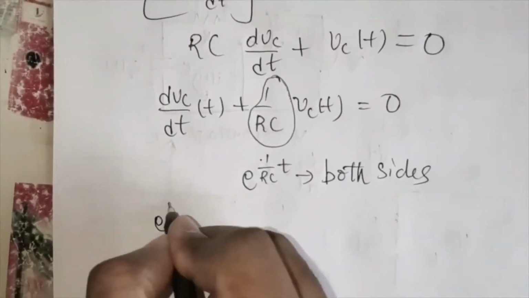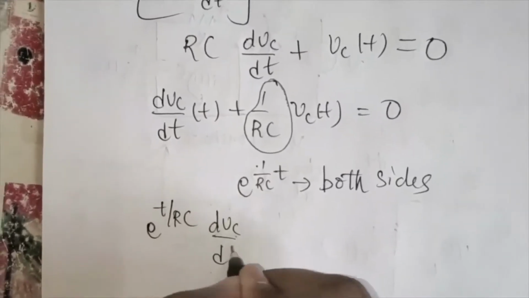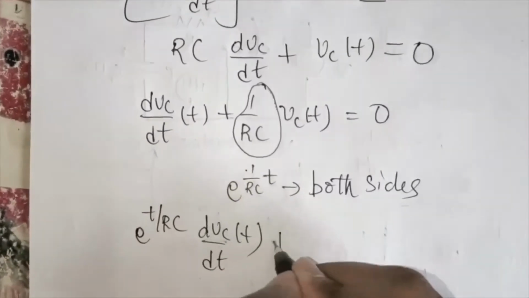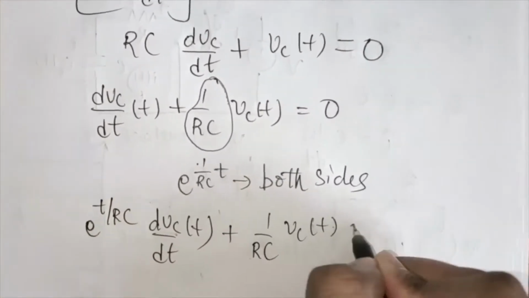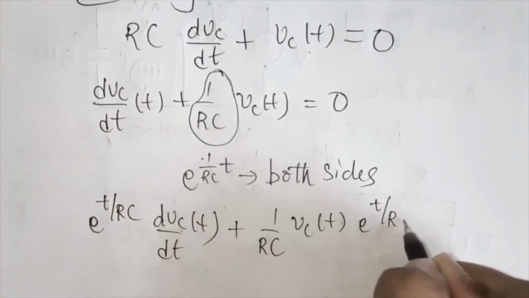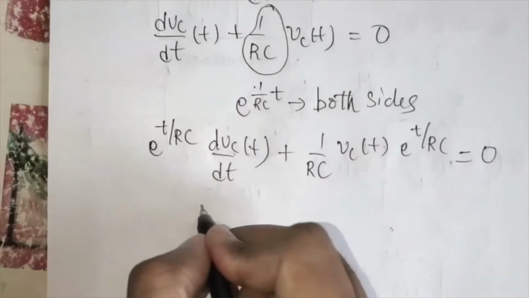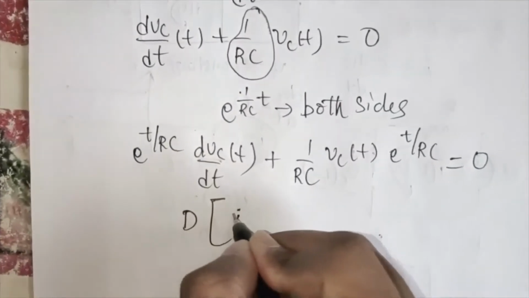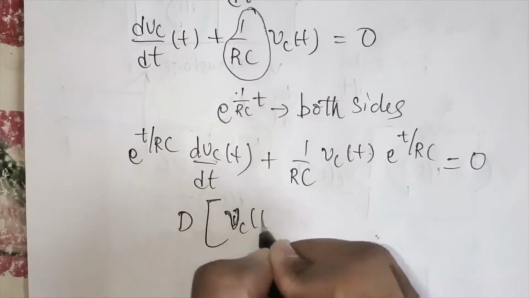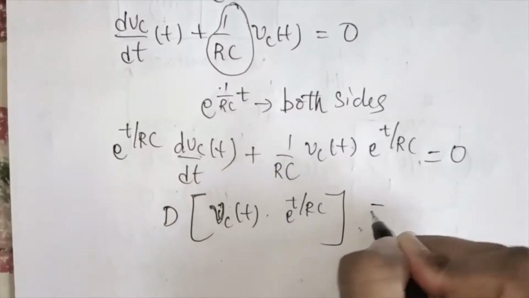When I multiply, I'll get e power t by RC into dVc by dt plus 1 by RC into Vc of t into e power t by RC is equal to 0. The left hand side I can write as d of Vc of t into e power t by RC is equal to 0.